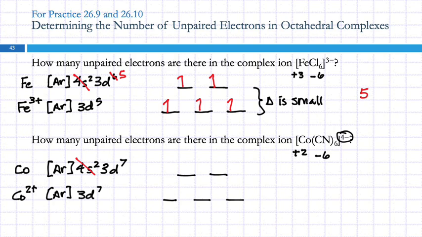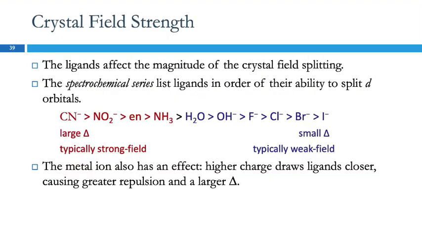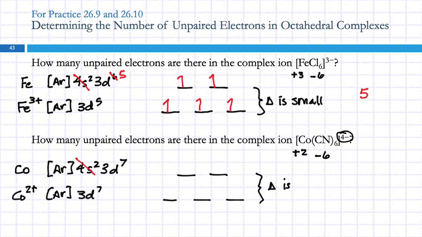Again, we need to know, is this difference large or small? So we go back and look, oh, it's going to be big. Cyanide's the biggest one. So delta is large. And then we take our 7 electrons and we stick them in here. 1, 2, 3.